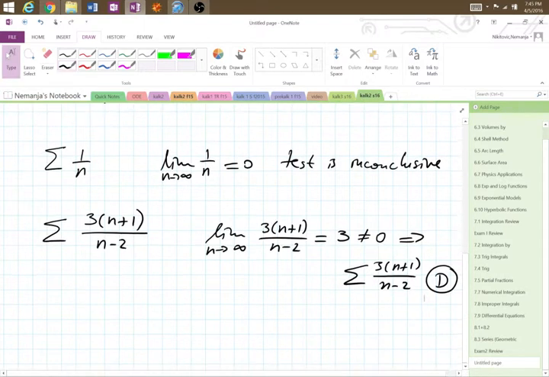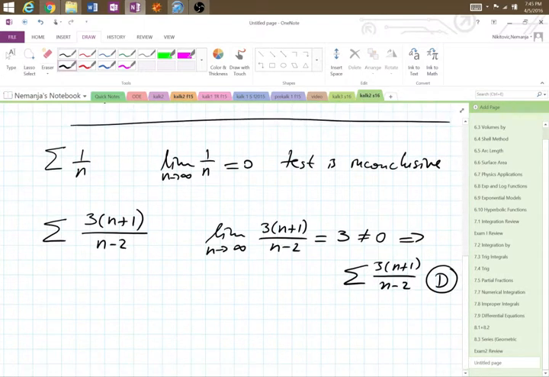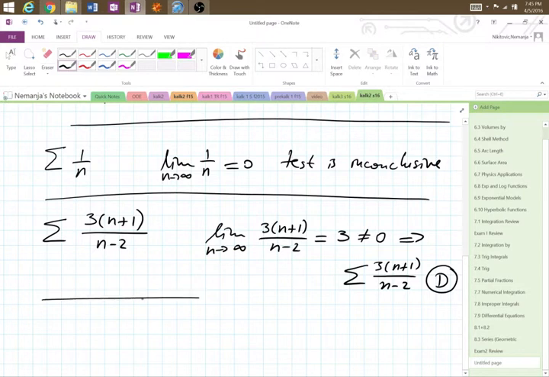So if you get an example where you use the divergence test, find this limit for the sequence, and you find that the limit of the sequence is 0, you know that that particular series cannot be tested this way because you got 0.